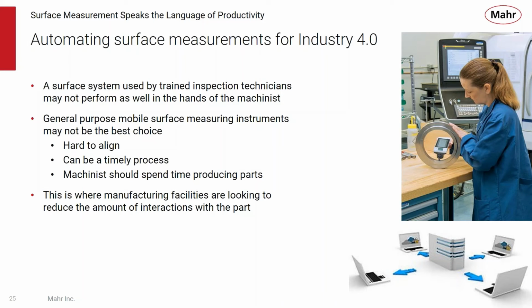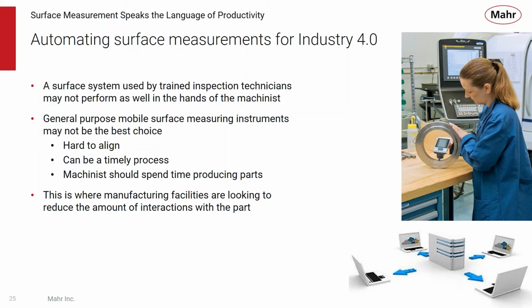Well, a surface system used by a trained technician may not perform well in the hands of a machinist. There's sometimes alignment features that you have to worry about. And general purpose mobile surface measuring instruments may not be the best choice because they're hard to align. They can be a timely process to get the alignment.